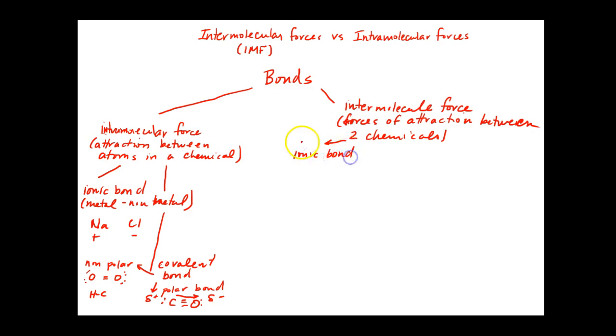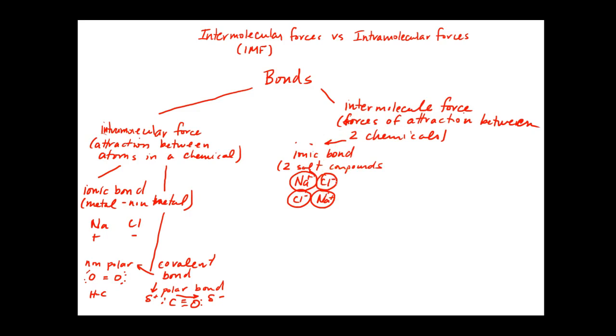That would be an example where we have two salt compounds attracted to each other. So we have NaCl attracted to another NaCl, and they would arrange themselves in this way, where positive and negative charges are attracted to each other.